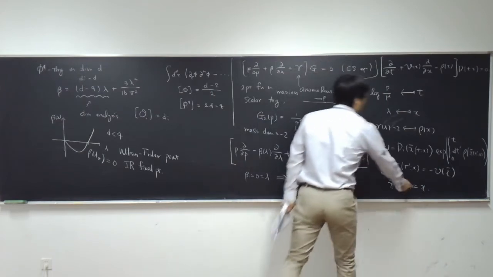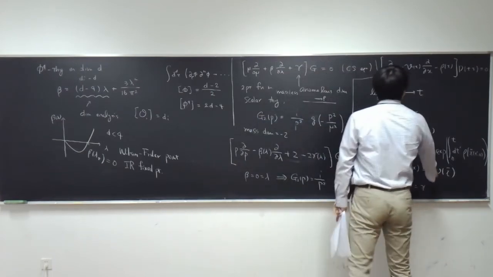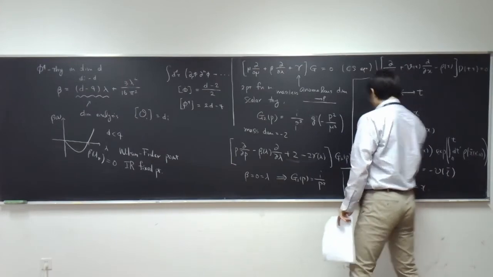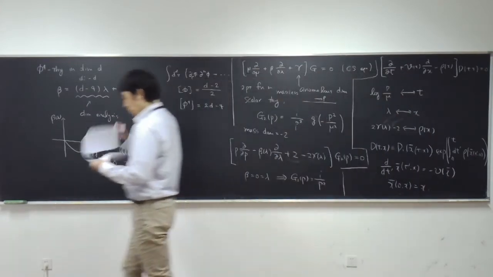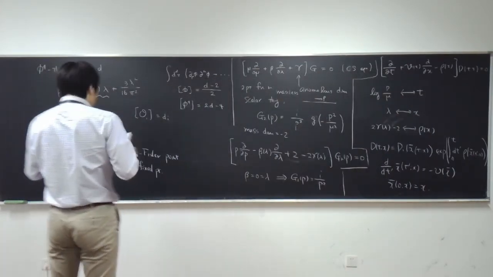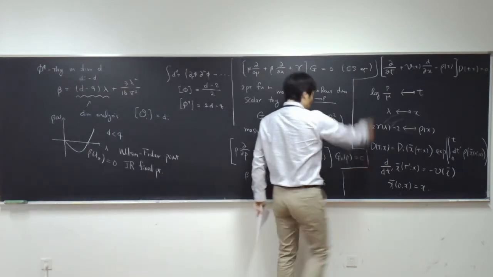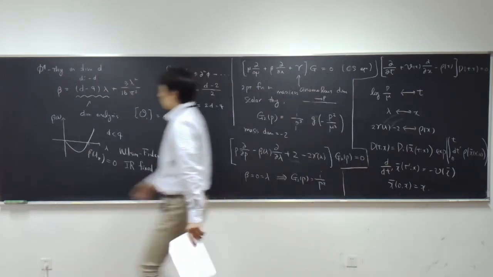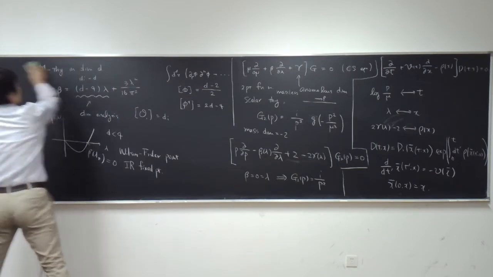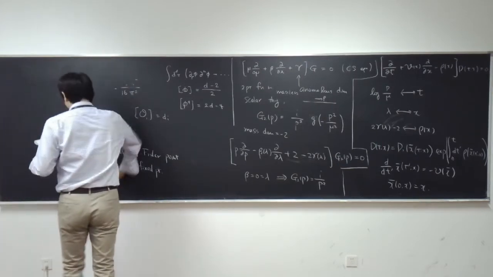So given the initial condition and the velocity b, you get the solution like this.